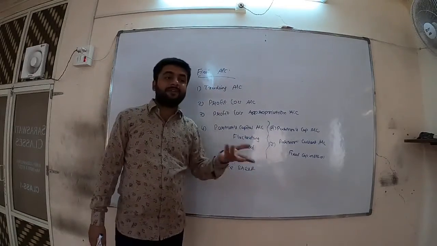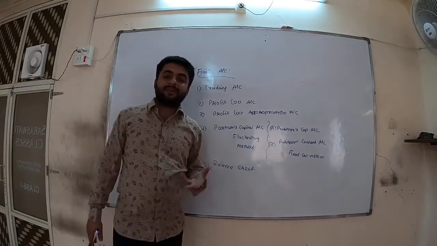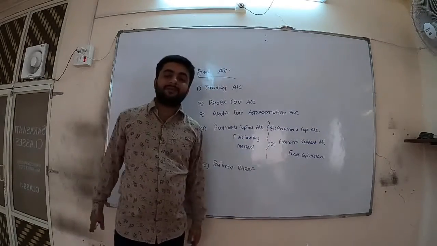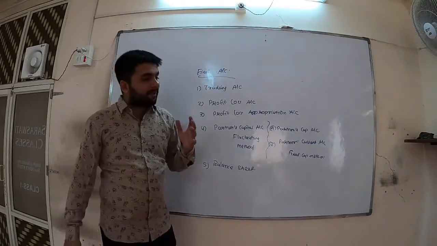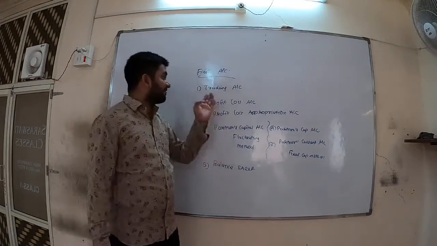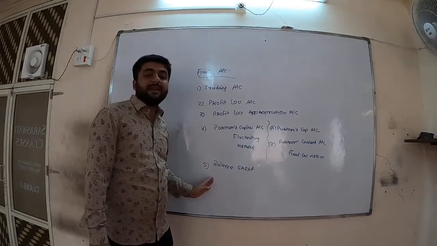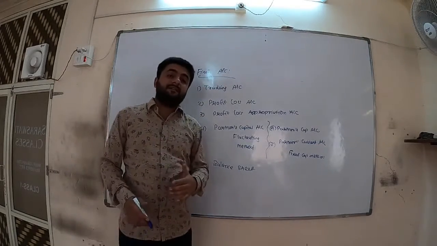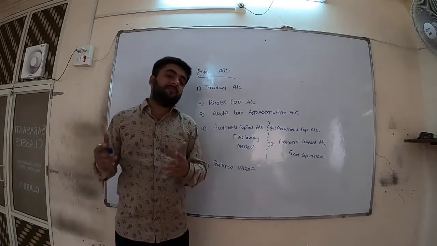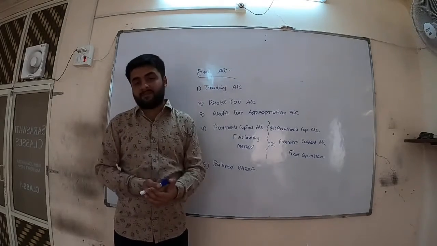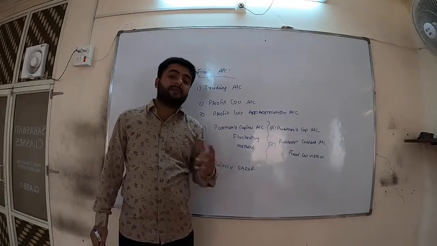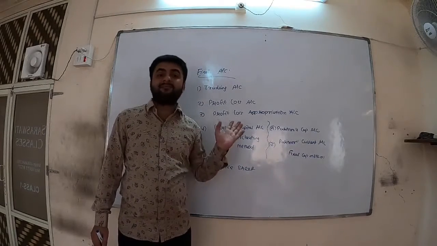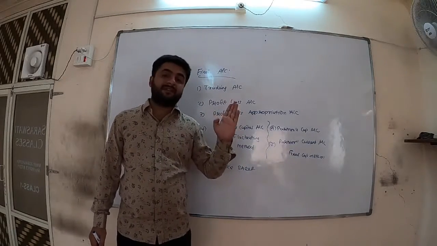But the important thing is that in standard 11, when there were only 3 accounts, we still had great problems with the sum. You were all thinking how these sums are possible, how we will remember, how we will solve them, and this sum carried 12 marks in standard 11.